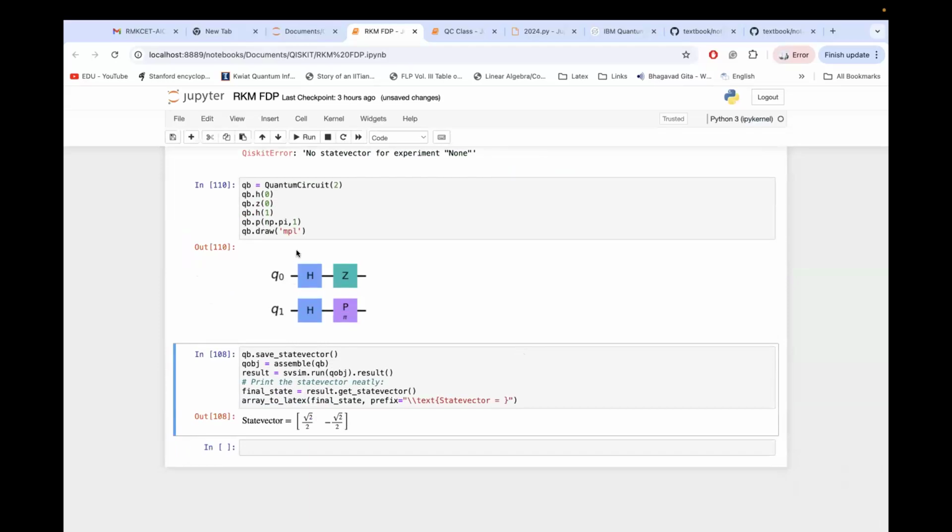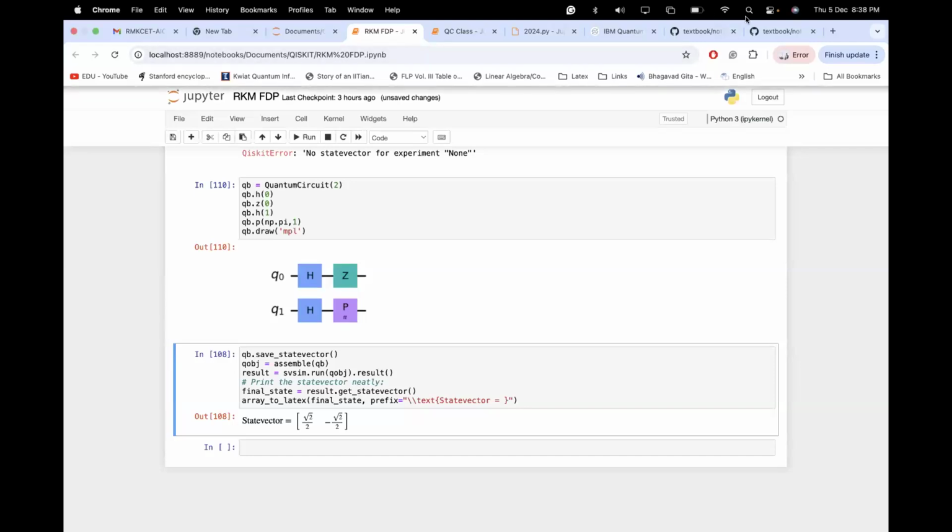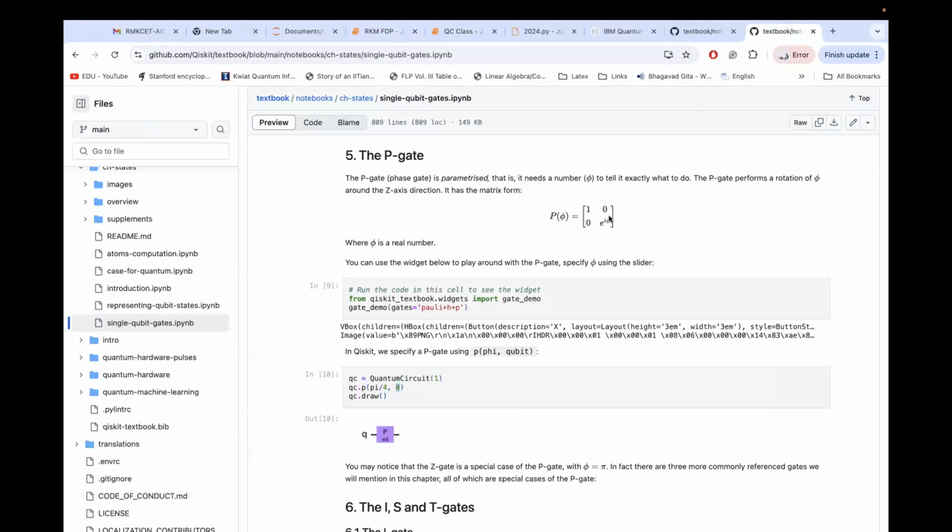Okay, so now we created a quantum circuit with 2 qubits, and what we are doing is applying the Hadamard operator to the first and the second qubits, and the Z operator to the first qubit, P pi on the second qubit. But P pi is nothing but e power minus i pi, that is going to be minus 1 again. So that is again a Z gate.